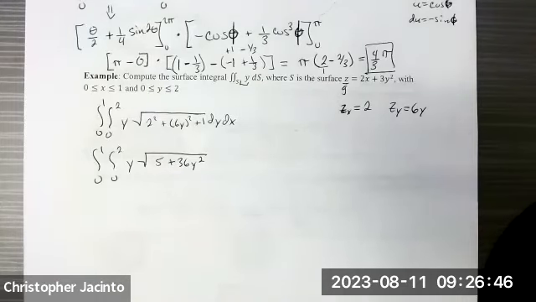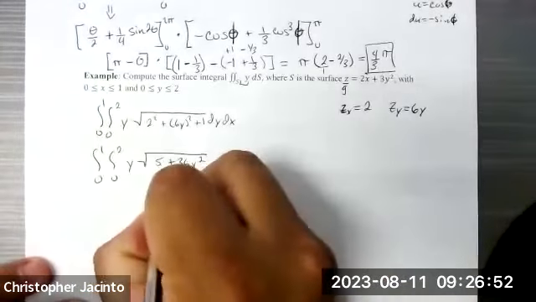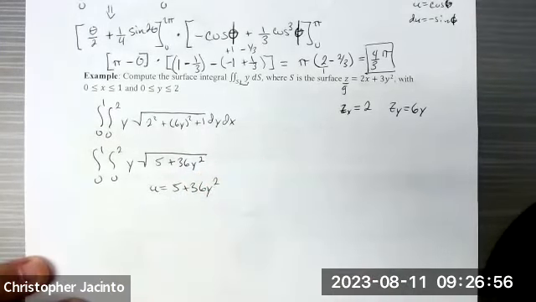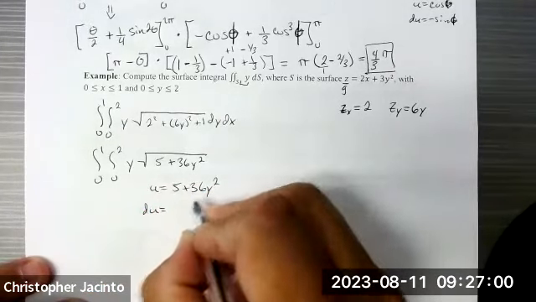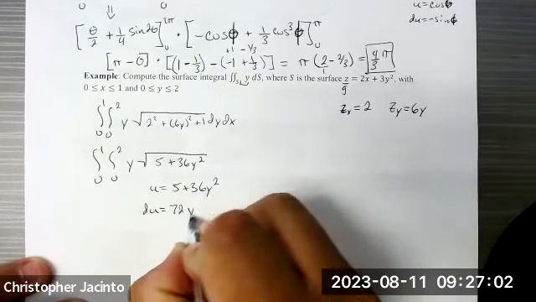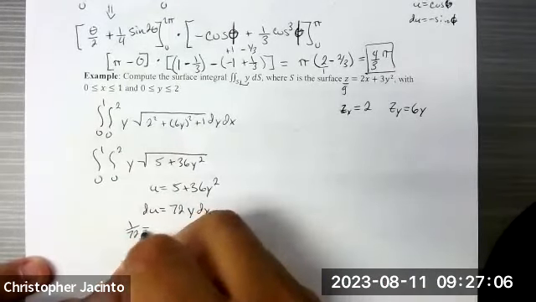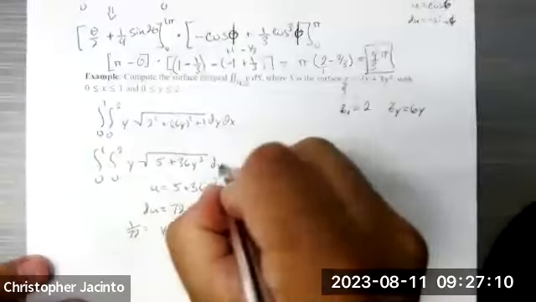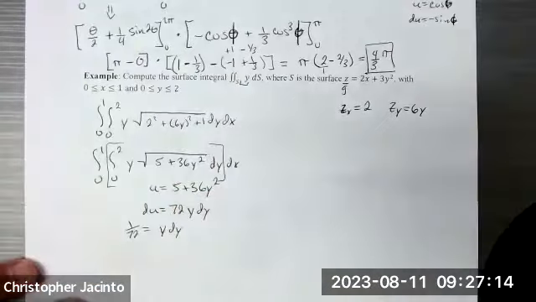And now notice this is actually really nice because we don't have to convert to polar because we have that y on the outside, right? We go straight to u substitution. So then du is going to be 3 times 36, so 72y dy. So divide everything by 72. And look at that, beautiful, right?